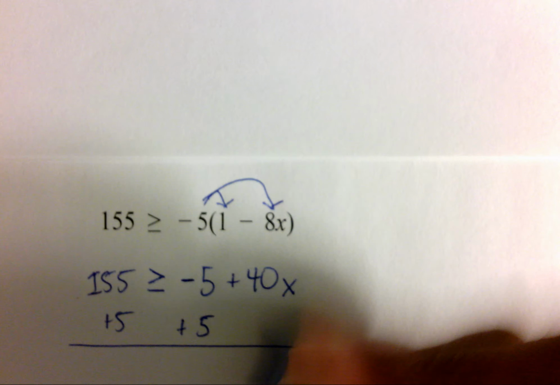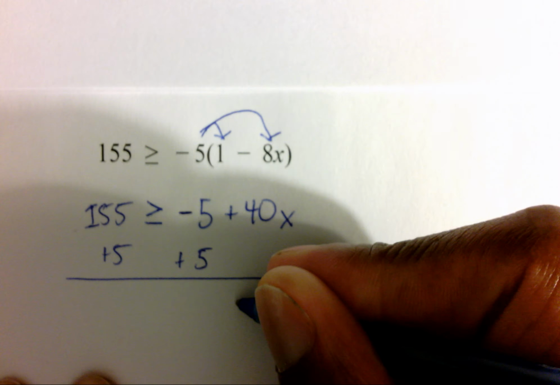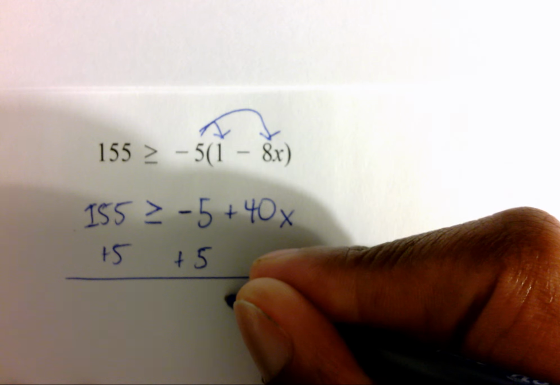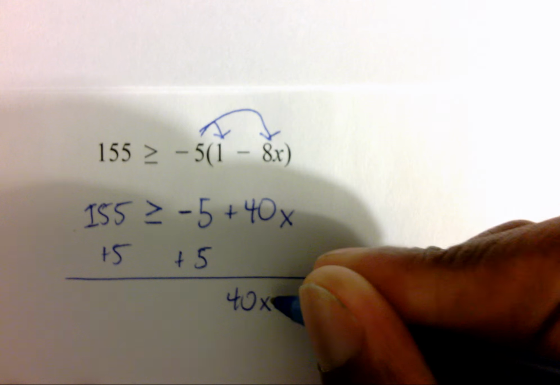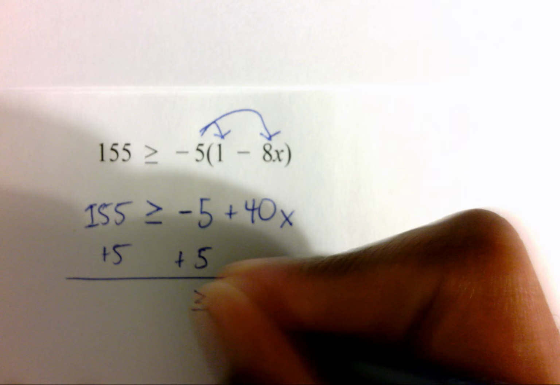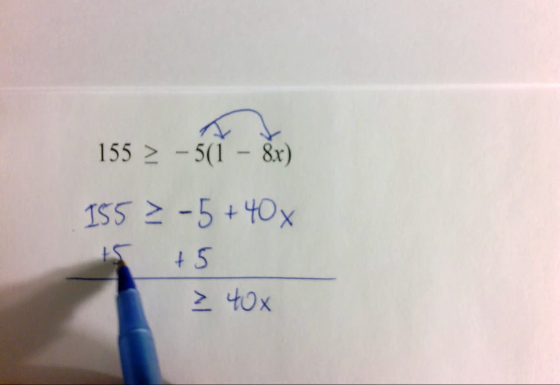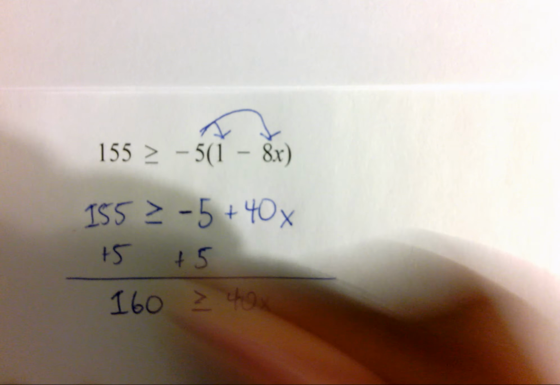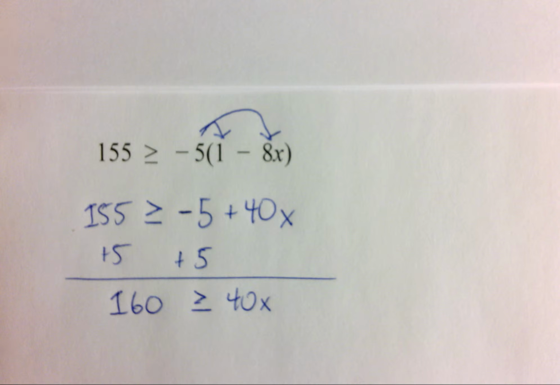Okay, so on the right, I'm left with 40x. And then on the left, I have 155 plus 5, which is going to give me 160. Okay.